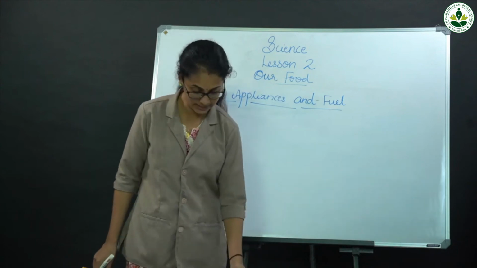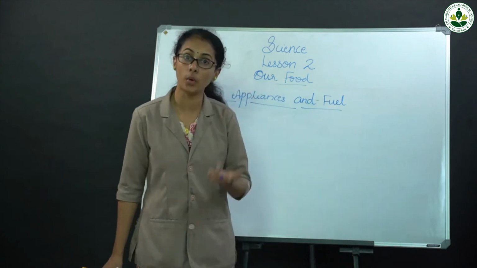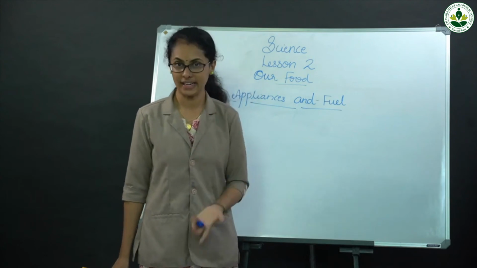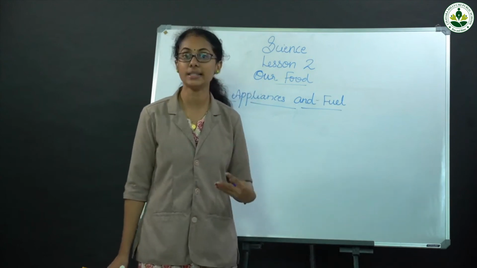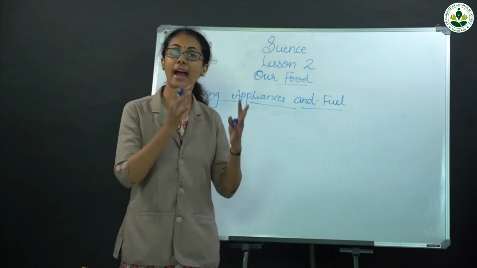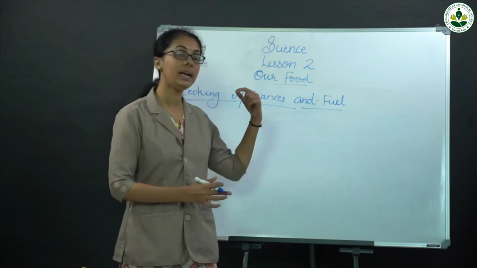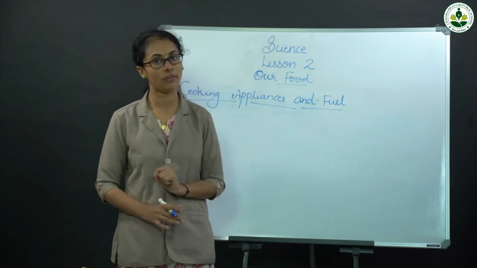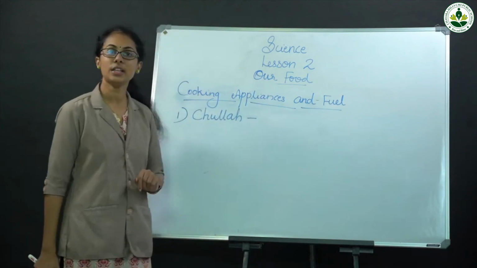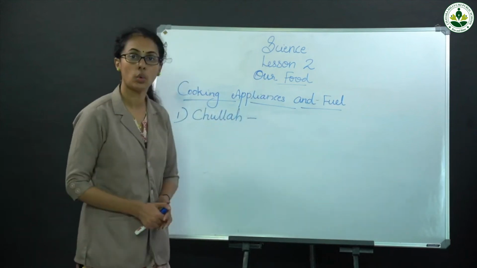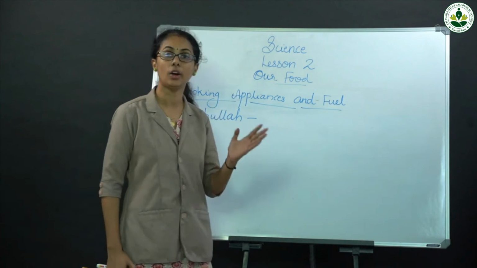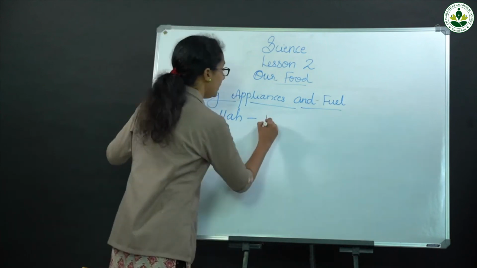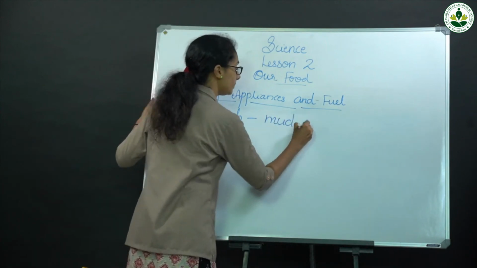Fuels are materials that produce heat and energy by burning. That is known as fuel. The first one is the chula. The chula is made out of mud or bricks.